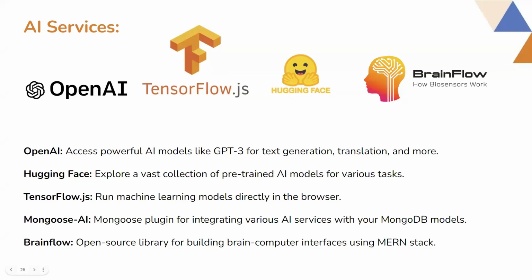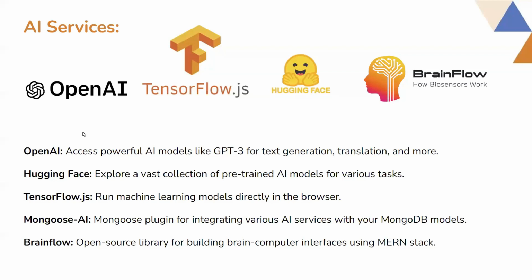And there is BrainFlow, an open source library especially for building brain-computer interfaces using TypeScript. You can go to those specific sites, look at the services they provide, and implement what you need in your web service based on your needs.